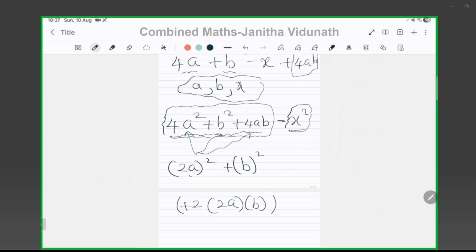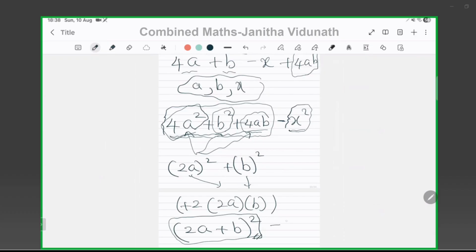Then we can think of this as 2a plus b whole square. Let me repeat. Here we can observe there are two square terms, and the third term consists of 2 times the first term times the second term. Then these three terms can be written as 2a plus b whole square.